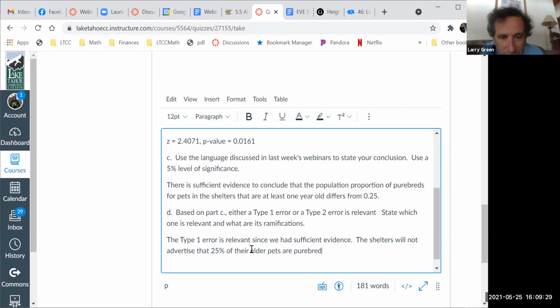Okay. Because they think it differs, right? So they're not going to be able to tell everyone that, hey, 25% of our elder pets are purebred. You can come in and get this special pet.